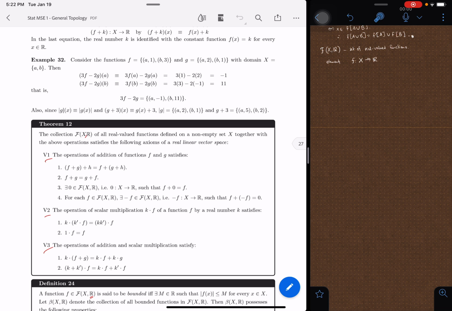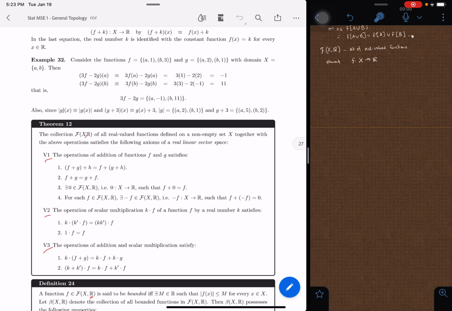In Example 32, let's illustrate some of the operations. F is a finite mapping. Its entries are A to 1 and B to 3, meaning A is mapped to 1, B is mapped to 3. G should have as its domain also the set containing A and B. Here in G, A is mapped to 2 while B is mapped to 1.